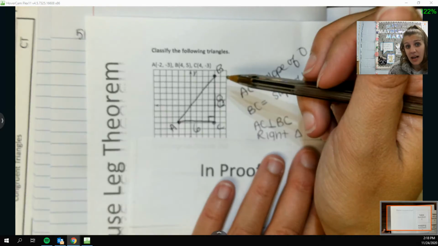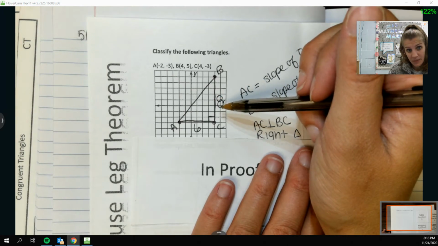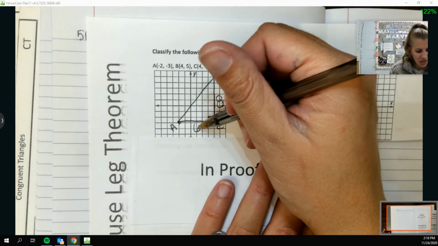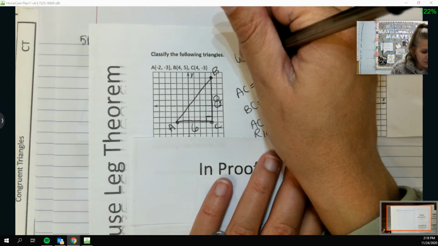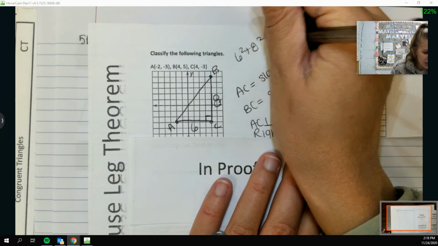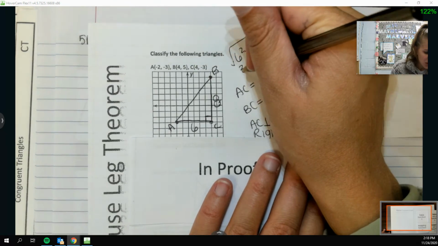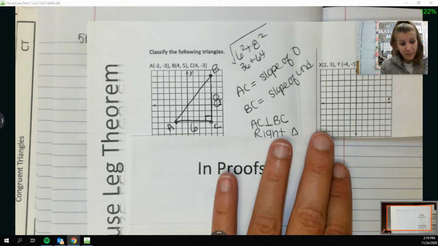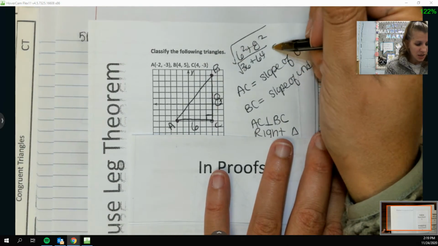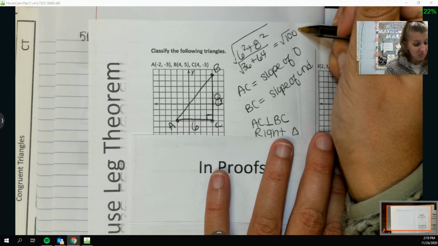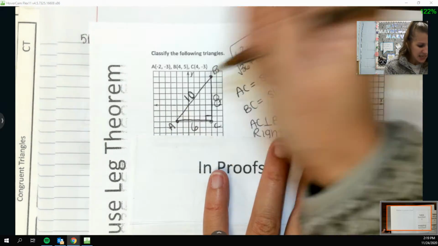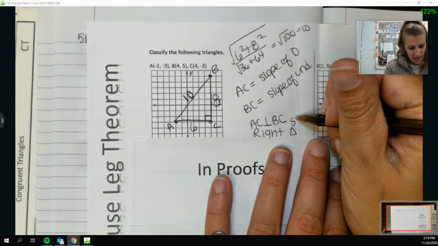And then I would have to do the Pythagorean theorem to get how long this one is, which is just 6 squared plus 8 squared, and then square rooted. So 6 squared is 36, 8 squared is 64. When I add them up, it's 100. And the square root of that is 10. So now I can see that it is scalene.